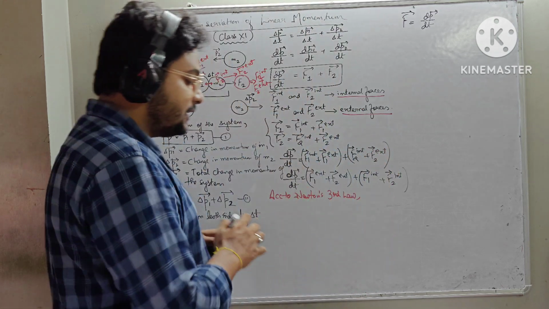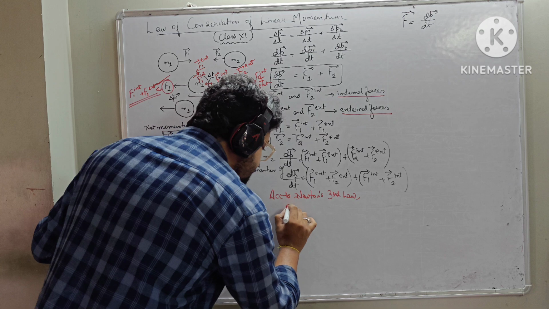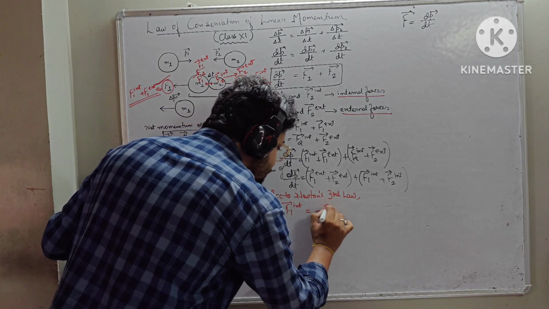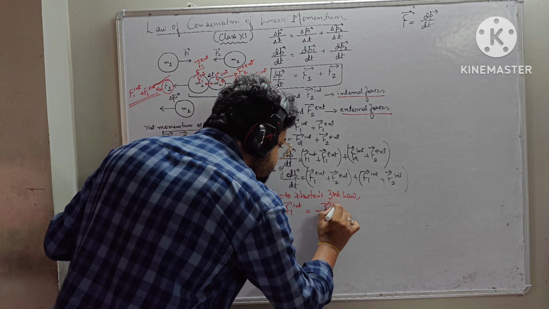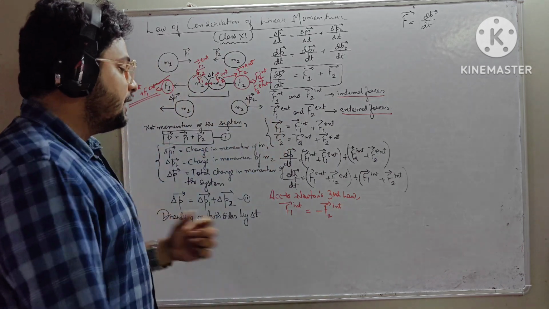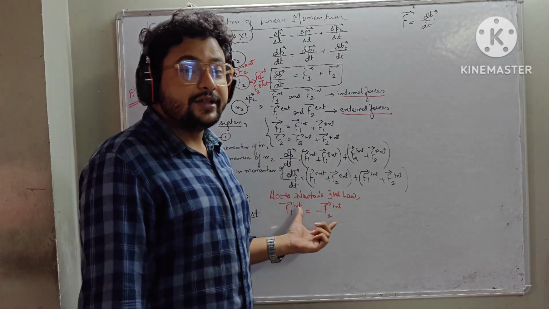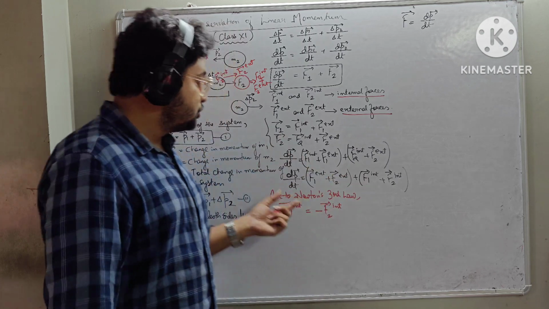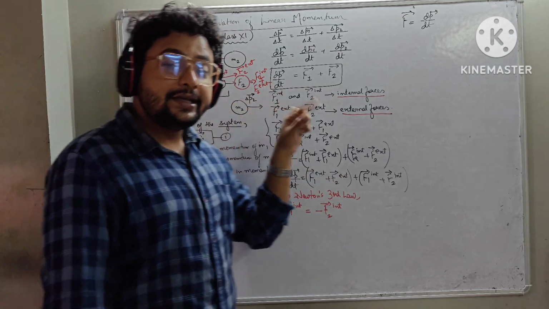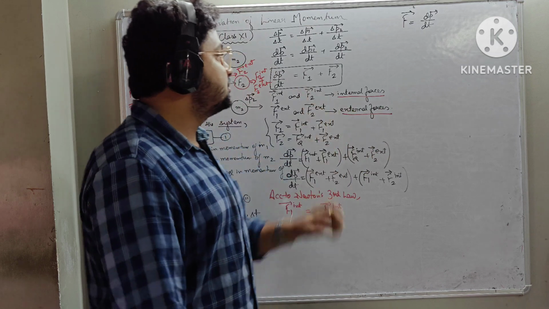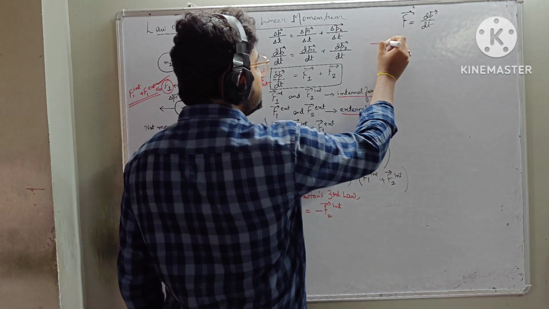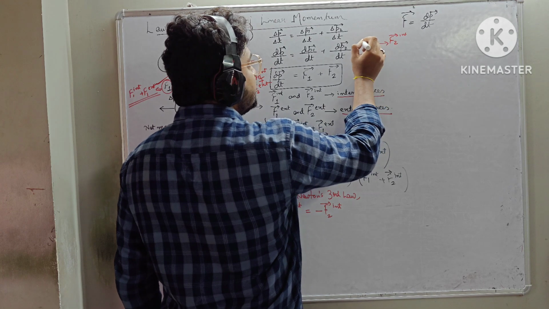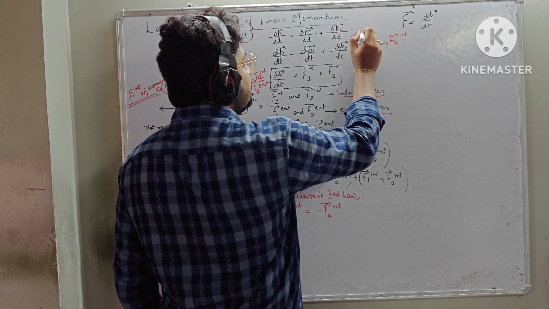So what can I write from here? I can write F1 internal is equal to minus F2 internal. Why have I given the minus sign? Because I have given it with vector sign, and minus sign denotes the opposite direction. These two forces are acting in opposite directions, one is acting in this direction, F2 internal, and another one is acting in this direction, F1 internal.